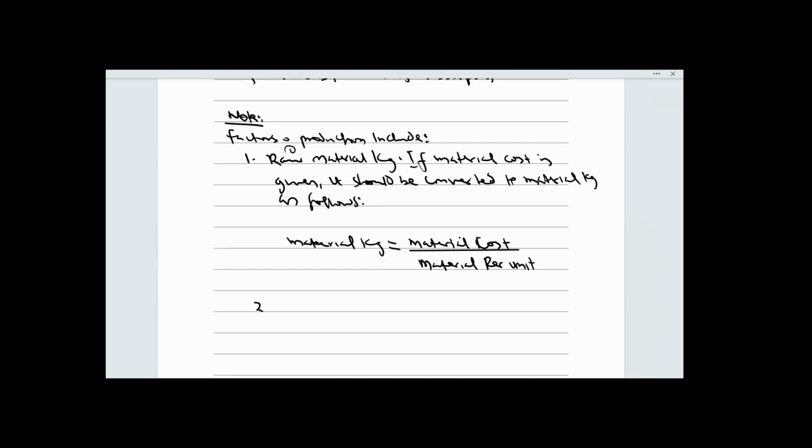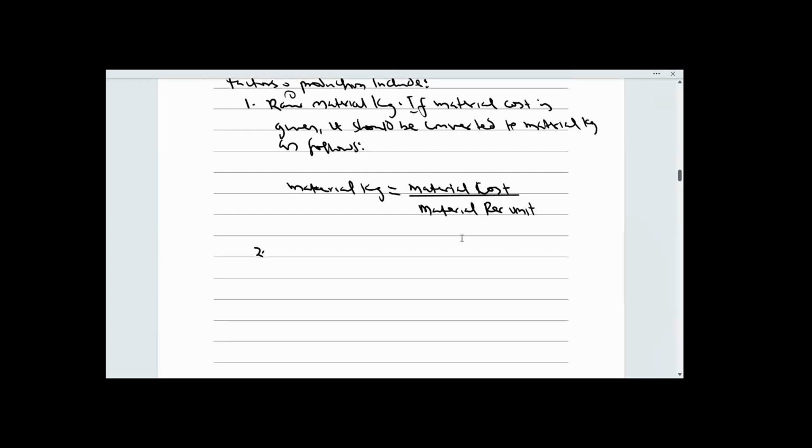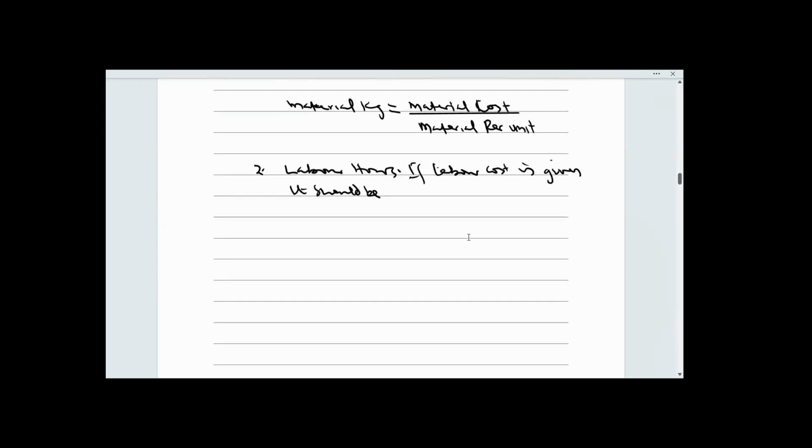Then number 2, factor of production could be labor hours. All right. Again, if labor cost is given to you, it should be converted to labor hour because you don't use labor cost, you don't use material cost. It has to be material kilogram or labor hour.